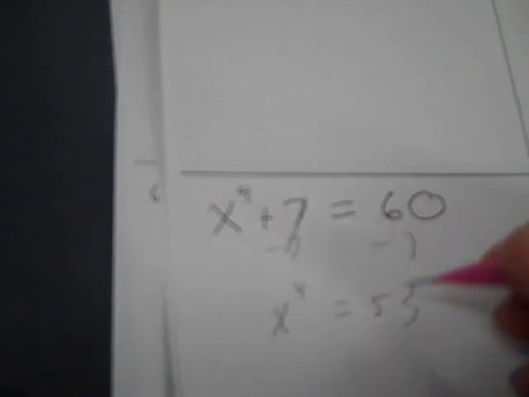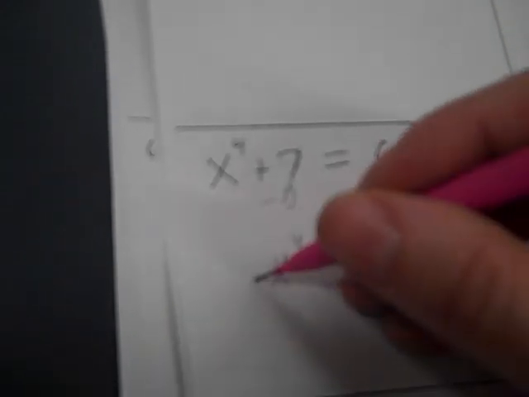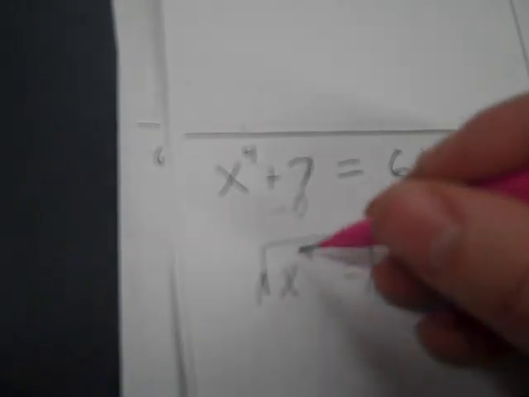So that's 53. Now this time we have an integer exponent, so I make a root, and I put a 4 in the index, because I'm not finding the square root, I'm finding the 4th root. So I go 4, second caret, when it's not a square root, 53. So I could get 2.70, I'm going to round it, 2.70 or negative 2.70. And if your rounding's off, I don't care.